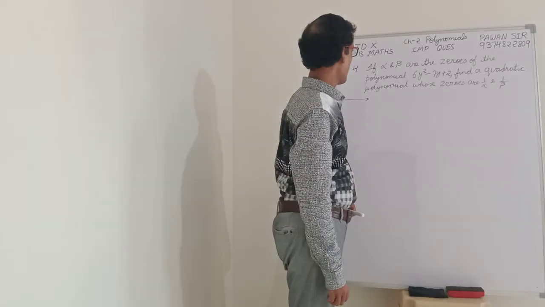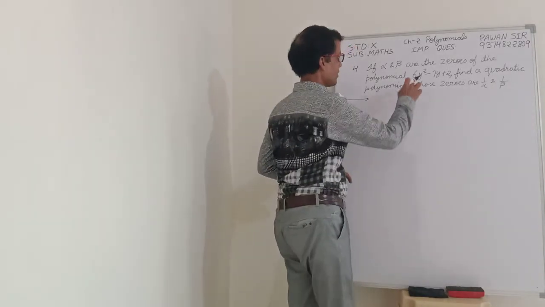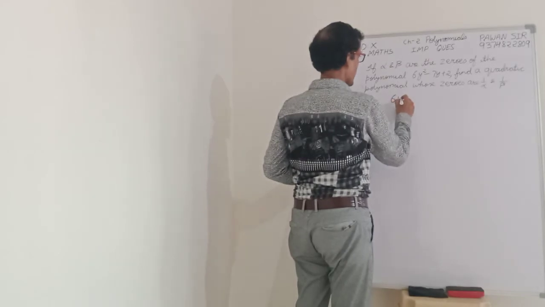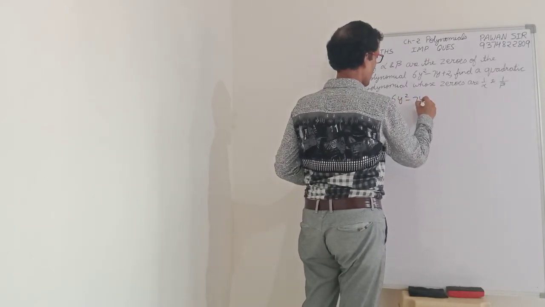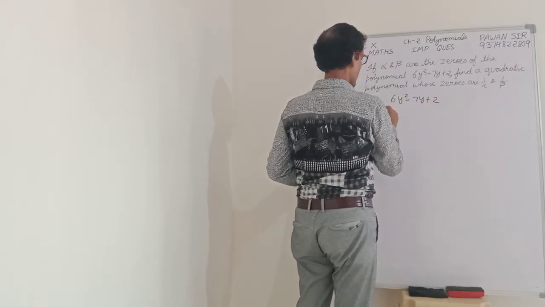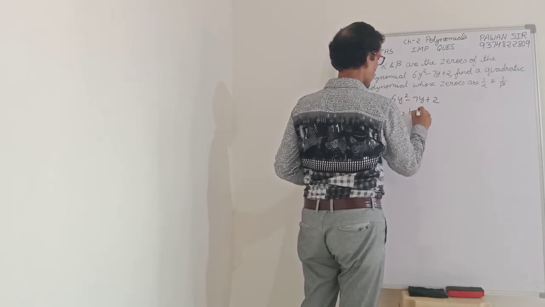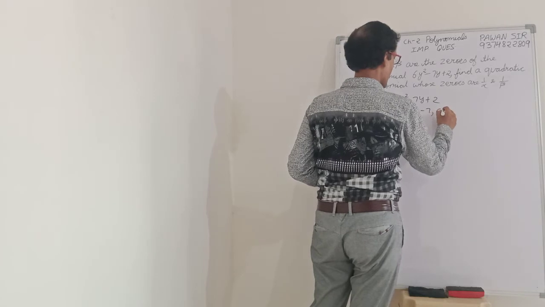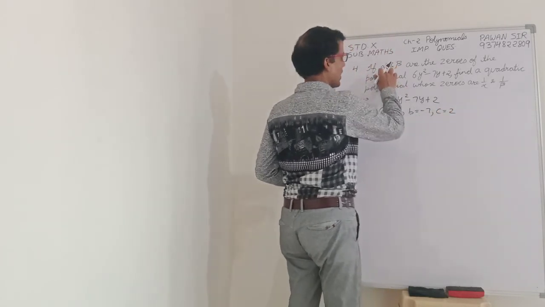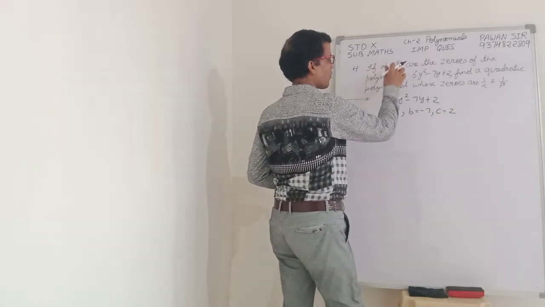So dear students, in the fourth question, the polynomial is 6y² - 7y + 2. So compare this with a, b, c: a = 6, b = -7 and c = 2. As it is given, the zeros are alpha and beta.